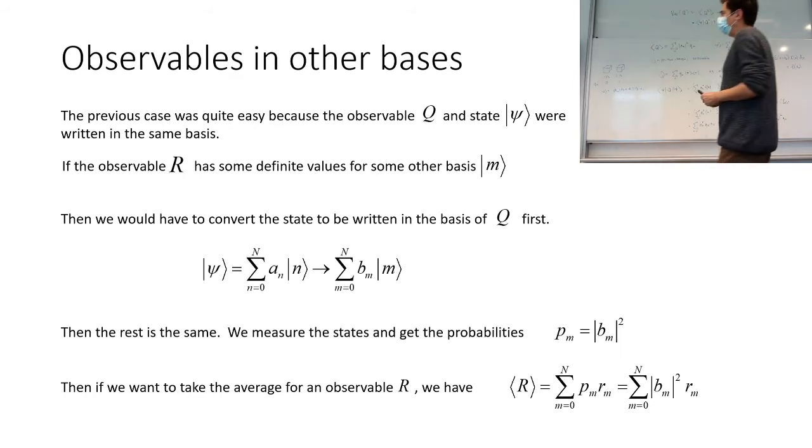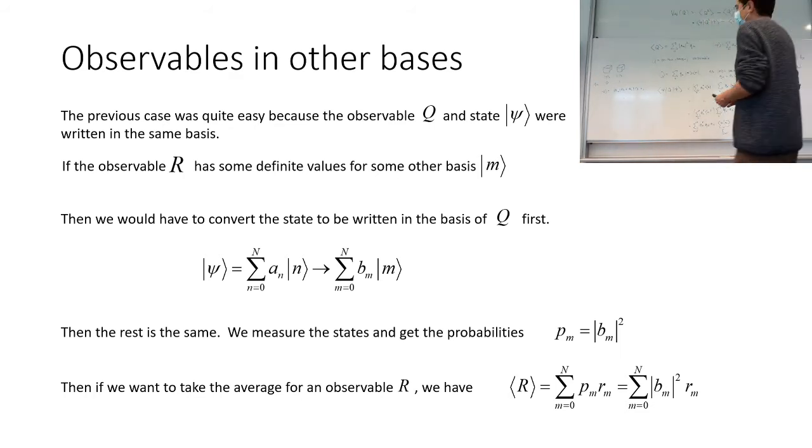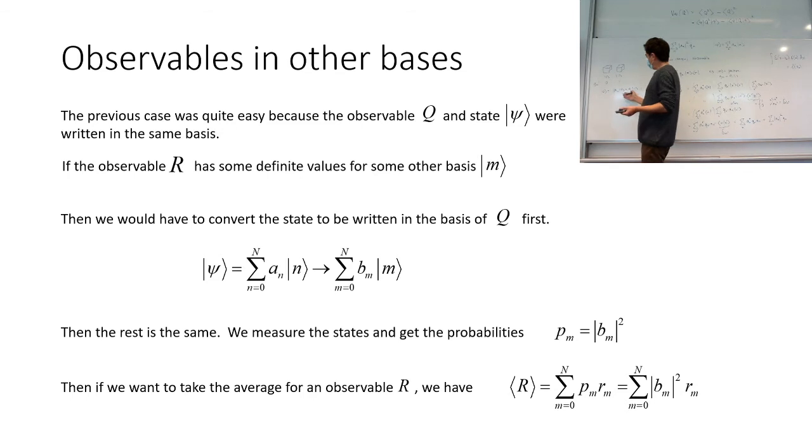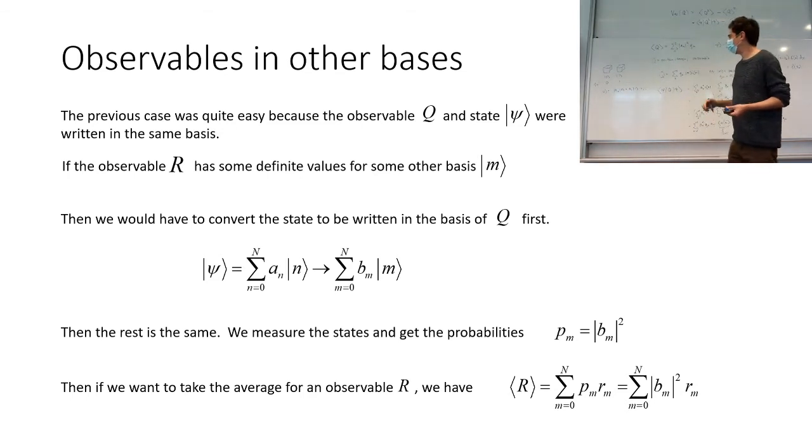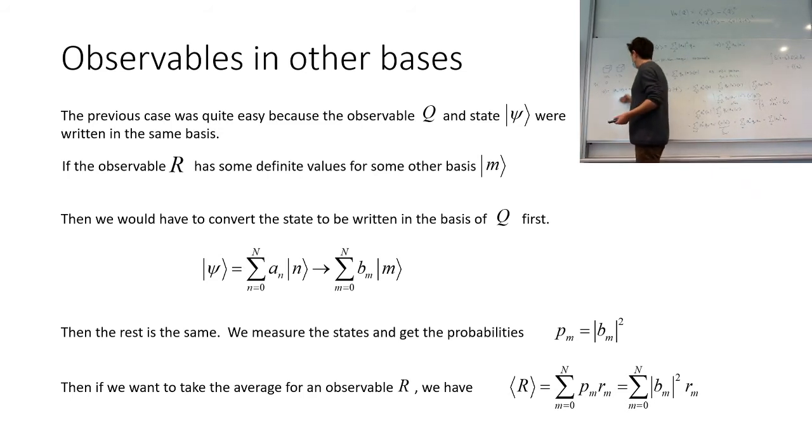But it doesn't actually have to be that way. Maybe I could have had my state written in a different basis, right? Remember, in that 2-qubit example, I had my state like here, and here's 0 and 1.